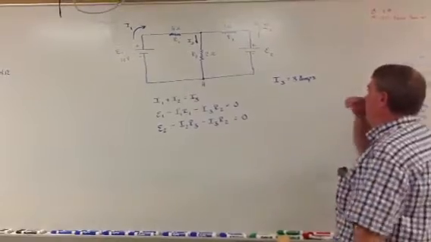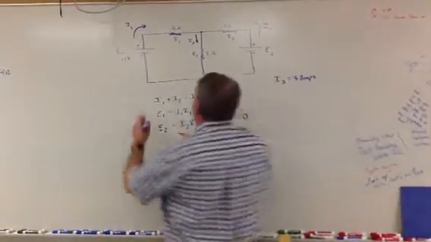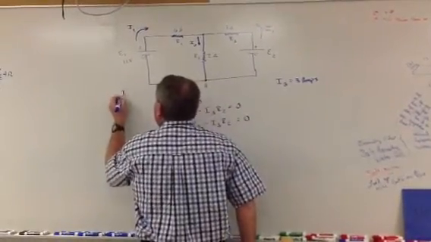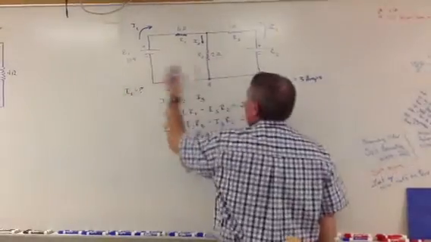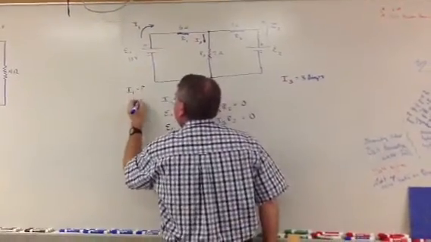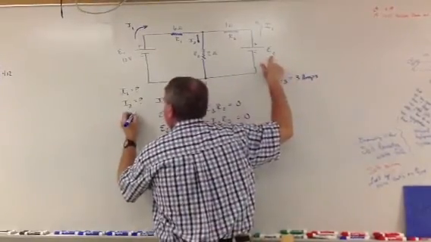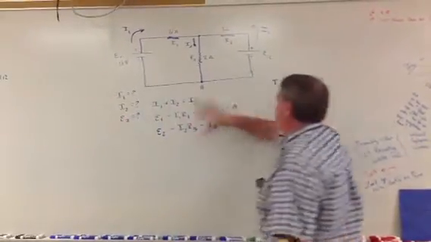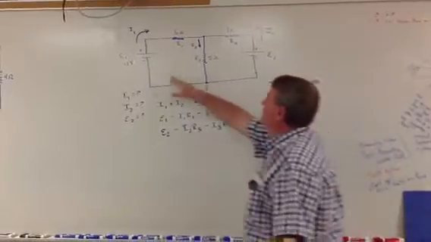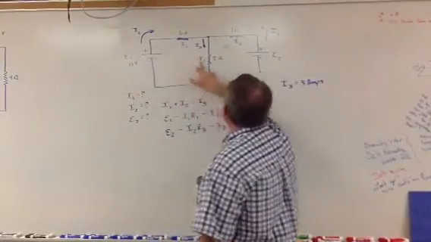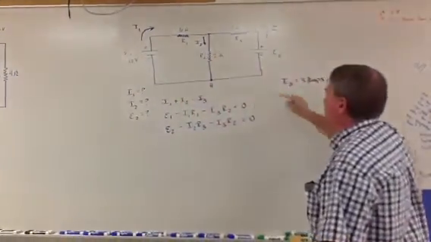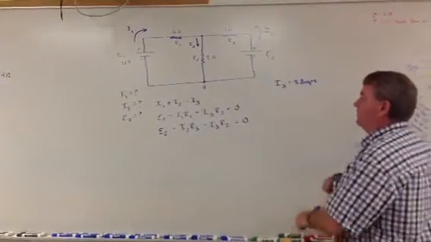And we are looking for I1, which we don't have, I2, which we don't have, and we don't have E2. We have everything else. We have E1, R1, R2, R3, and we're looking for those other three missing values.